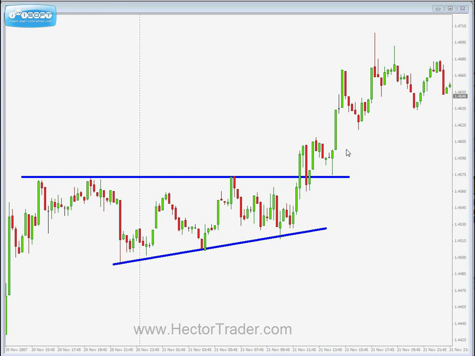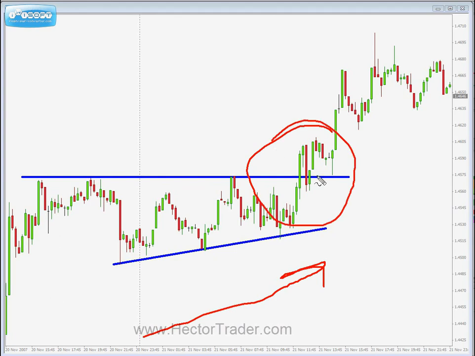Like I always say, trading is about stacking odds in your favor: trading in the direction of the main trend, a breakout in the direction of the main trend, and with the confirming pattern of a breakout pullback continuation, it stacks up different chances, different odds in your favor, and that's the type of trading situation you want to be involved with.